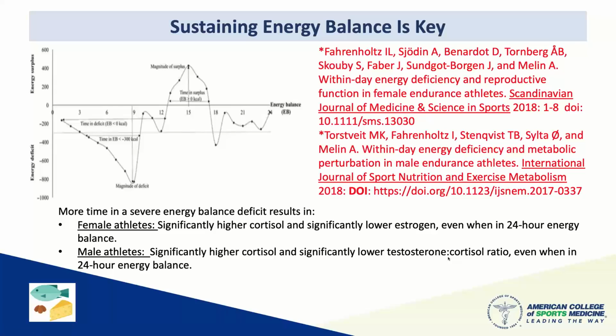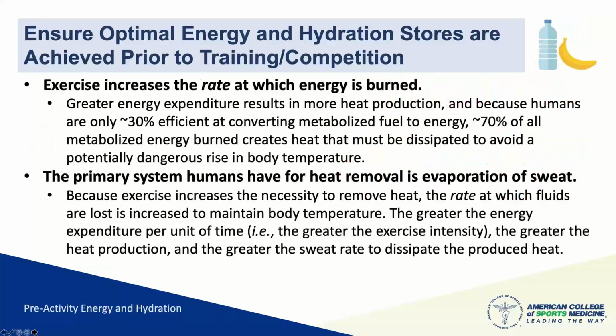So what that tells you is it's not how much you have in 24 hours. The pancreas doesn't wait until the end of the day to figure out how much insulin it should produce. It works in real time. And we have to think about energy balance in real time, not just in 24-hour units.